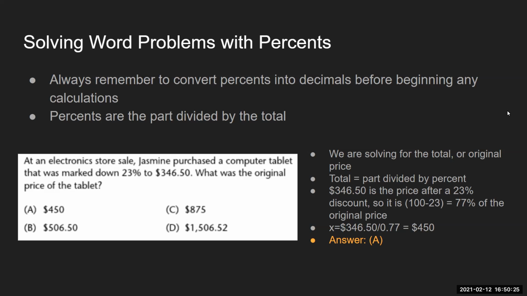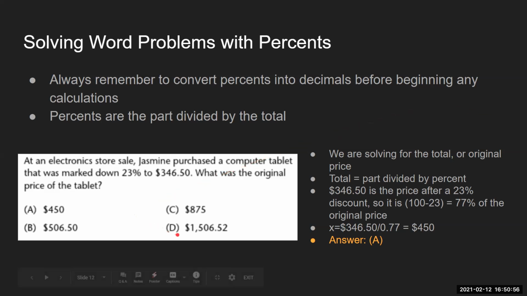So that's just something to keep in mind when you see these types of problems. So then we're going to just plug it in right here. So the total, our original price, is going to be $346.50 divided by 0.77, because remember, we take the percent and we turn it into a decimal before we do anything with it. And that's going to give us $450, which is answer A.